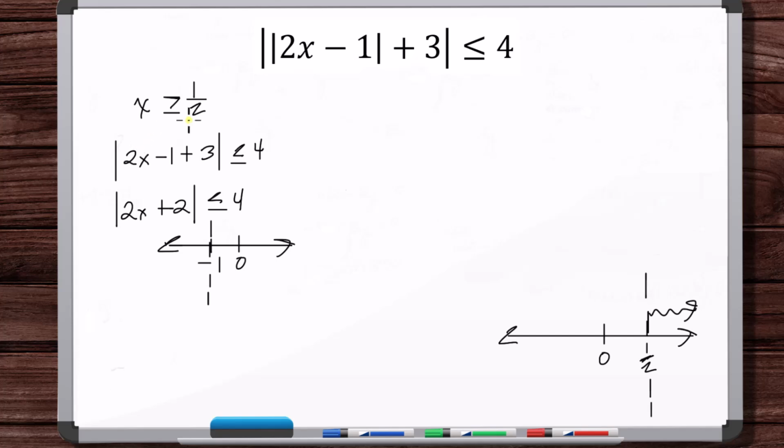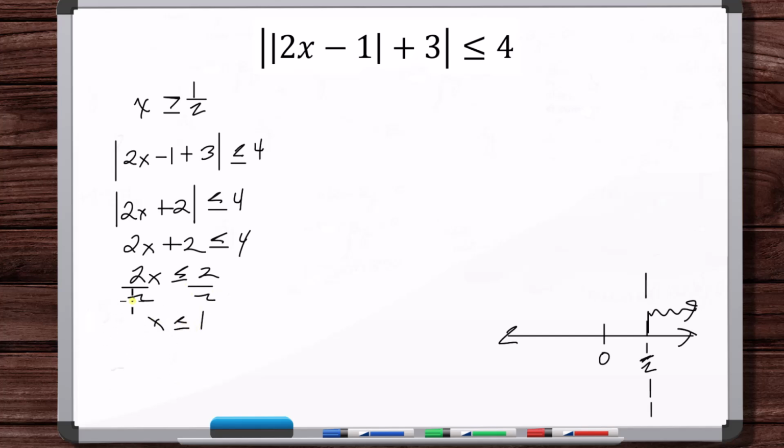So we know 2x plus 2 is going to be positive, and that's the only case. We're not going to solve the other case, less than negative 1, because that's not even applicable. So subtracting 2 from both sides, dividing both sides by 2, x is less than or equal to 1.